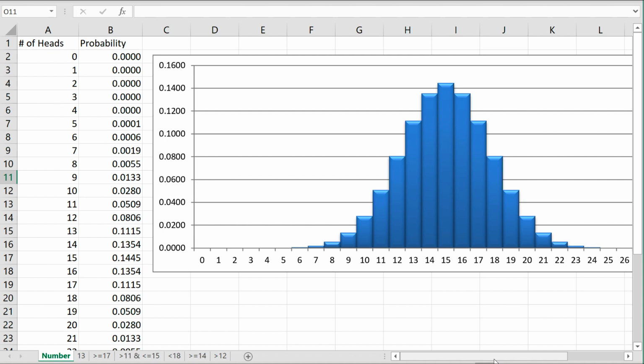So we have the probability of 0 heads, which I wrote up here, to 4 decimal places is 0, as are a number of the others. As we go up, the probability of 15 heads, the most likely, is 0.1445, or in other words, there's about a 14.5% chance that if you toss a coin 30 times, you'll get exactly 15 heads.